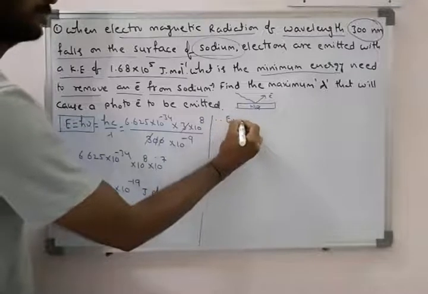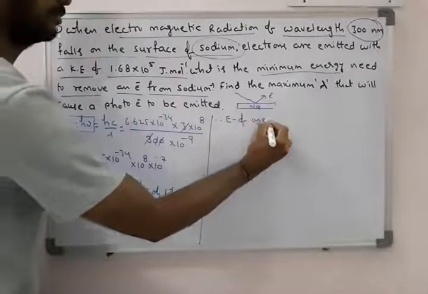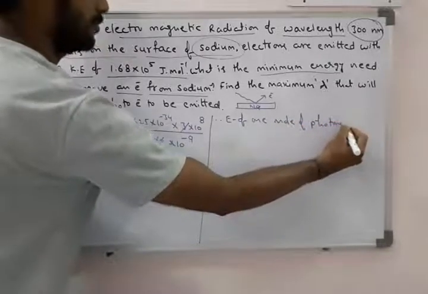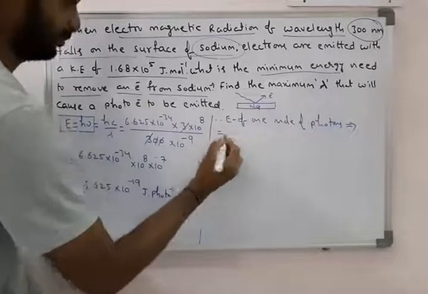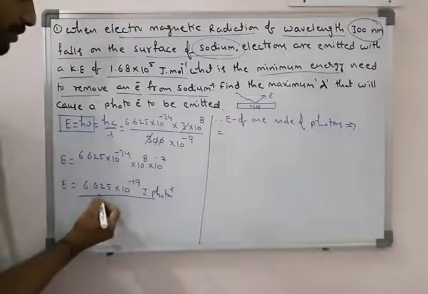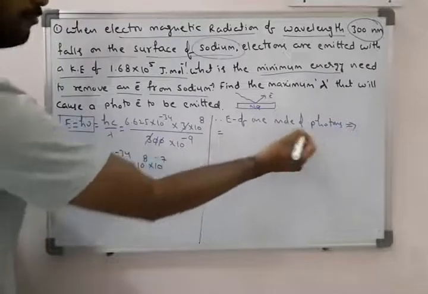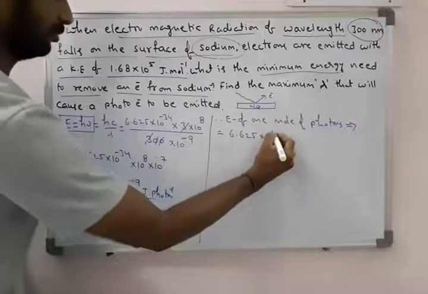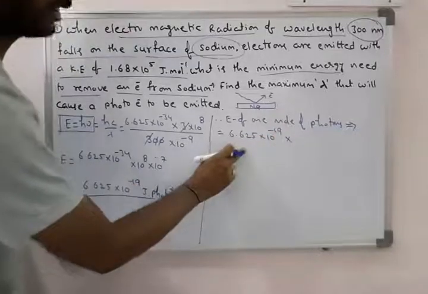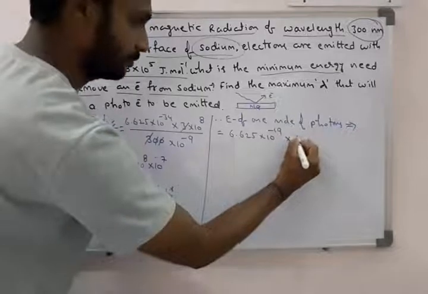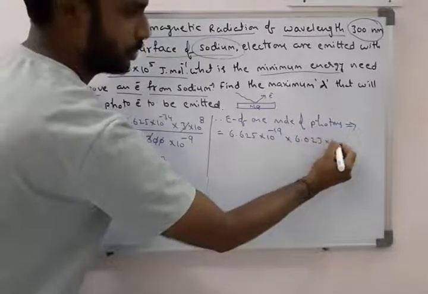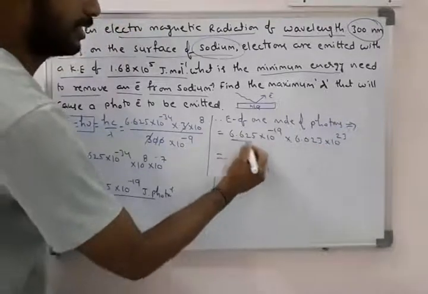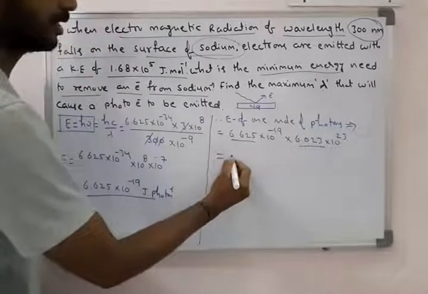Therefore, the energy of 1 mole of photons. We know the energy of one photon is this much. So what will be the energy of 1 mole of photons? This is the energy of one photon, and for 1 mole we need to multiply by Avogadro's number, approximately 6 point something.